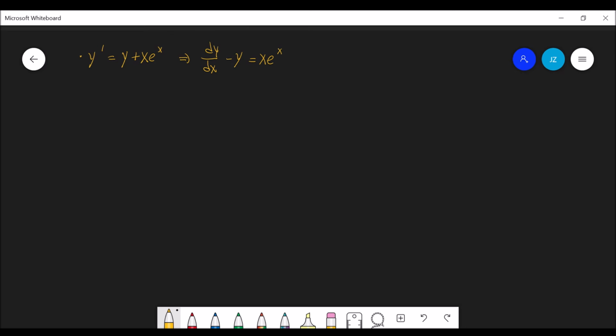So let's call rho of x to be the integral of -1 dx, which of course is simply negative x.